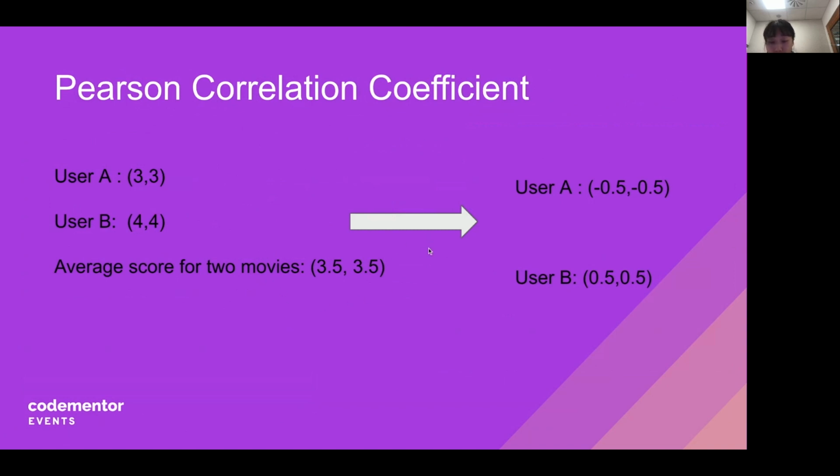Now, if we subtract this average score from the rating granted by our users, user A's rating becomes -0.5 and -0.5, while user B's turns into 0.5 and 0.5. Subsequently, their similarity becomes -1, indicating that user A and user B are actually very different users.